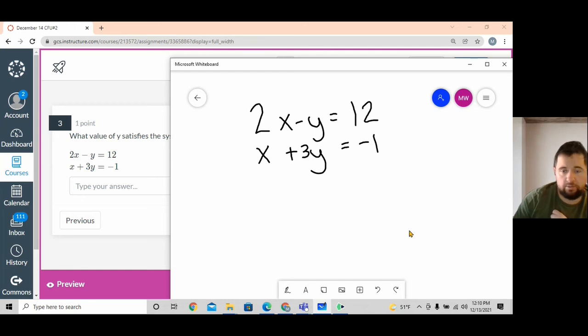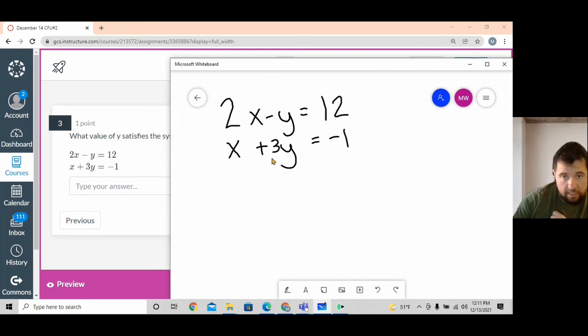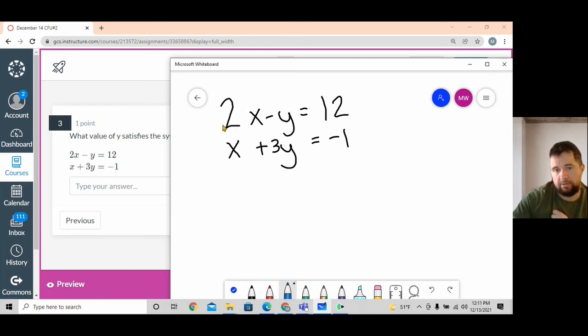2x plus y equals 12 and x plus 3y equals negative 1. I notice right away that I do not have an offsetting value, but I have a negative y and I have a positive 3y. So what I'm going to do is multiply my top equation right here times 3.